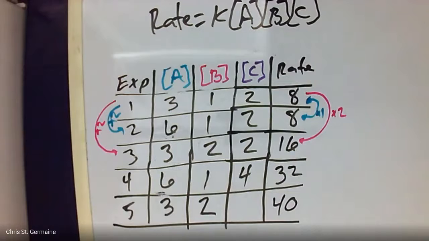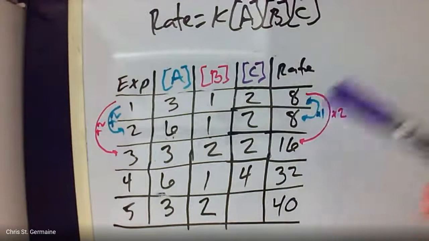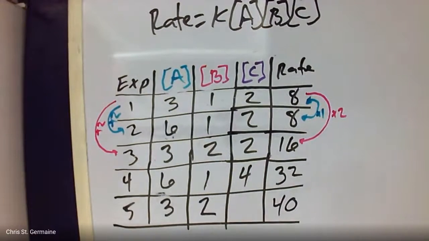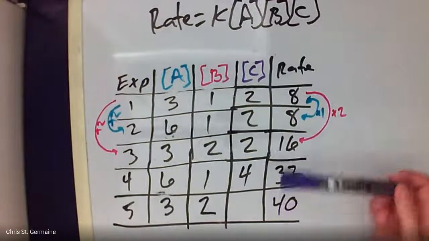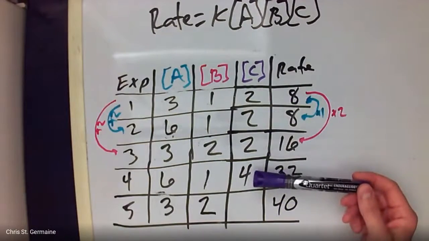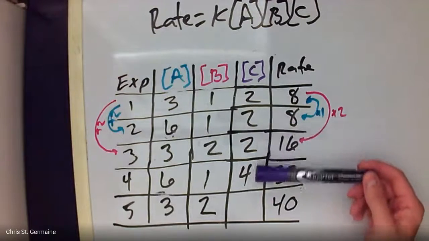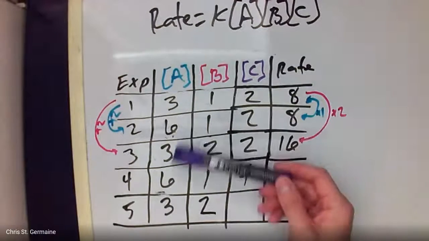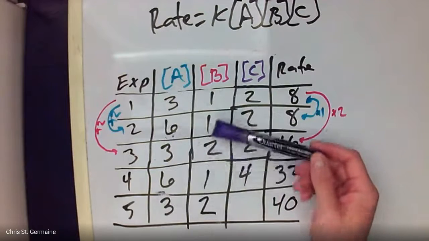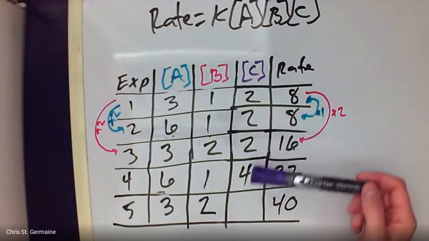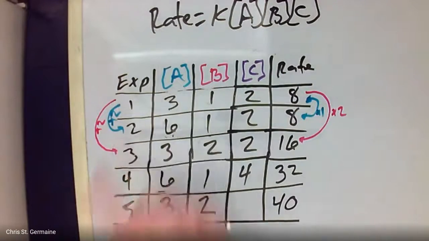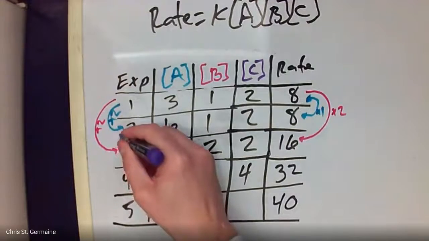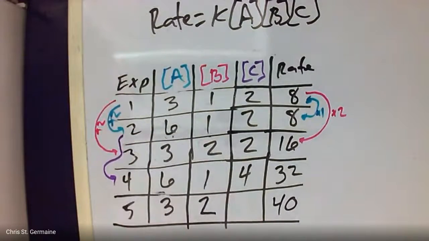Now, if you have some test taking strategies, you can probably guess what C is going to be because I wanted to give you an example of each order, but we'll do it anyways. So again, you want to find 2 experiments where only C changed. 2 and 4, right? A stayed the same, B stayed the same, C changed. So I'll make a little pathway.